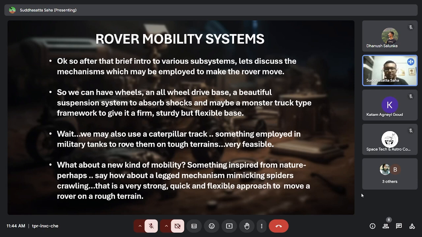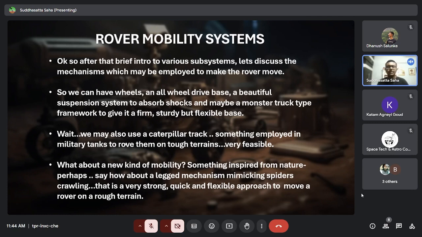Then we have another option for going through these uncharted terrains. You can employ something inspired by how caterpillars move. So caterpillar tracks or conveyor belt mobility systems. Basically a belt which is moving over moving discs, and it is deployed in tanks, because tanks also explore surfaces which are very similar to rover-like surfaces.